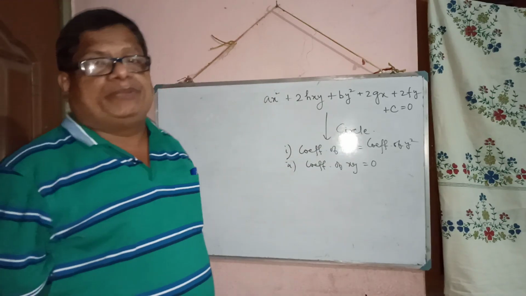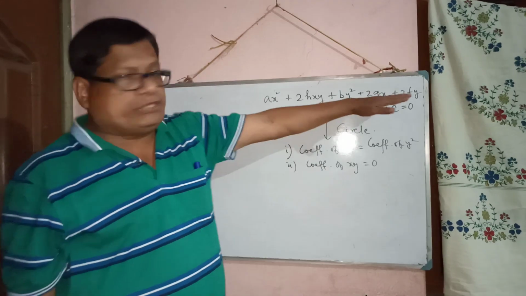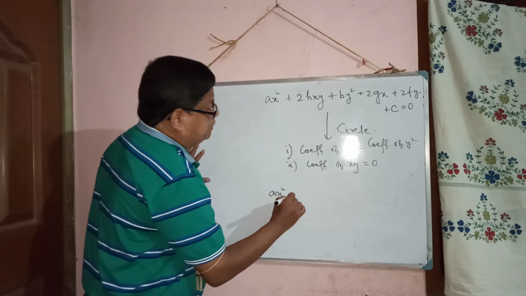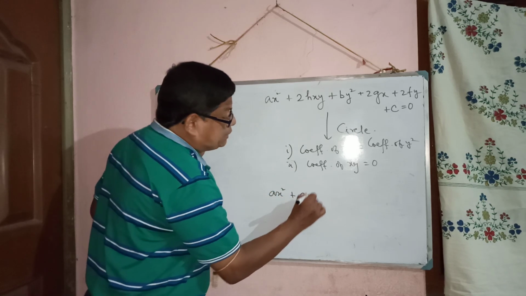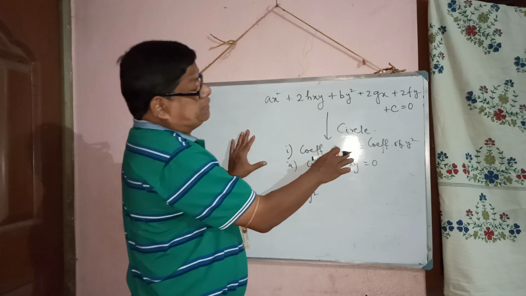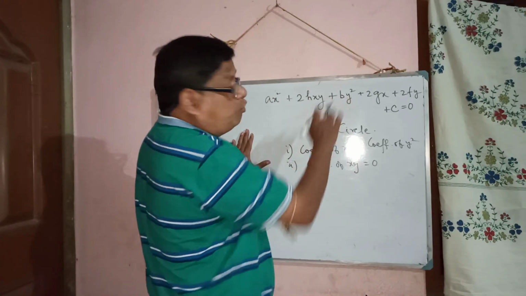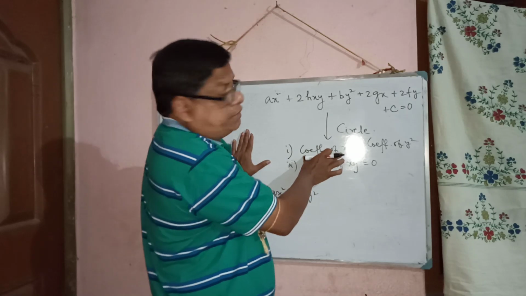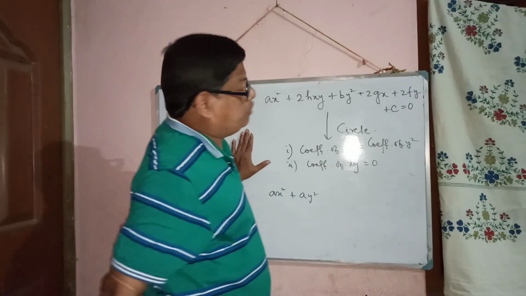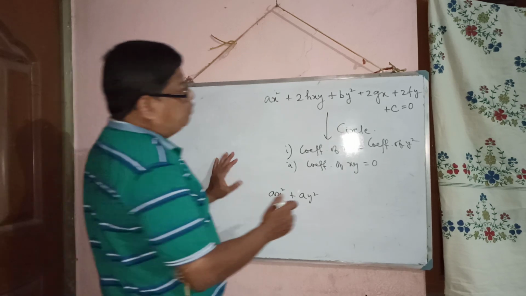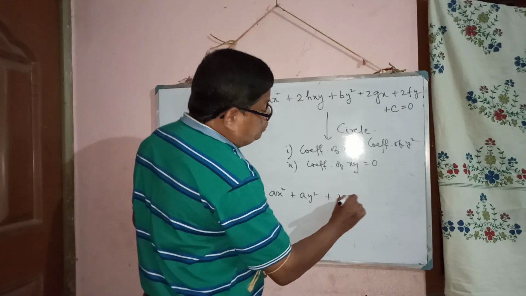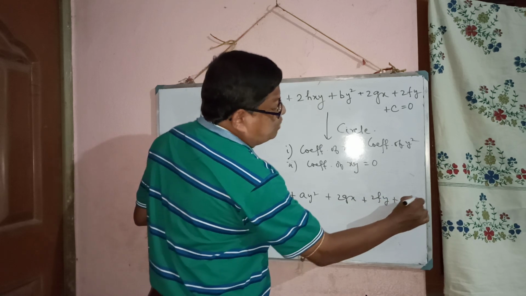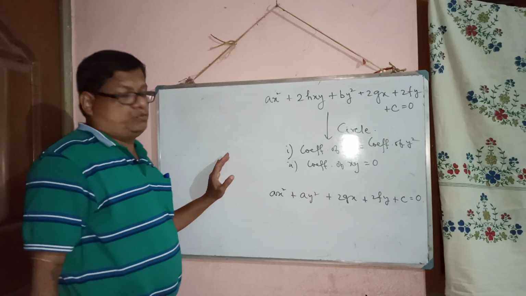Then the equation will be, suppose, ax square plus ay square, considering a equal to b, coefficient of x square equal to coefficient of y square. So ax square plus ay square plus 2gx plus 2fy plus c equal to 0.